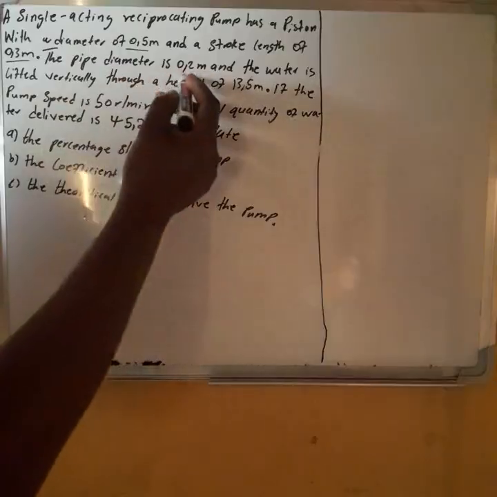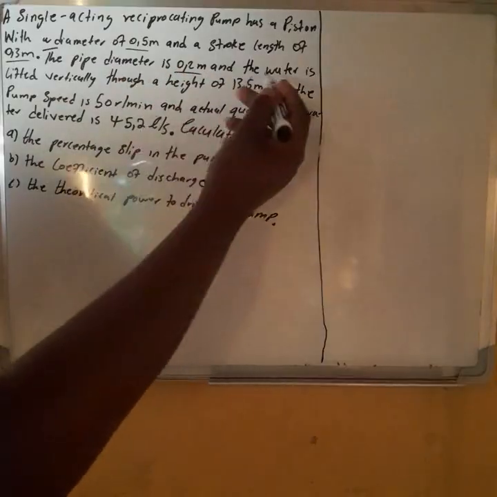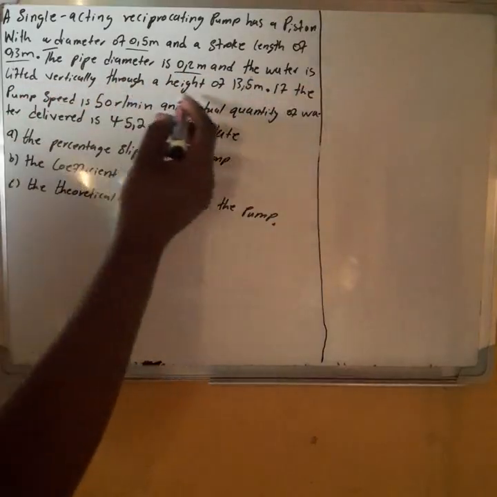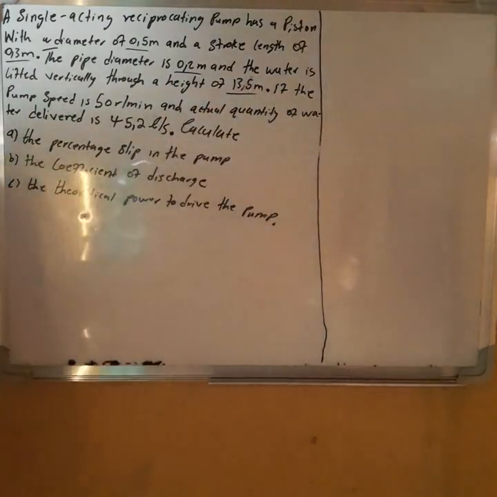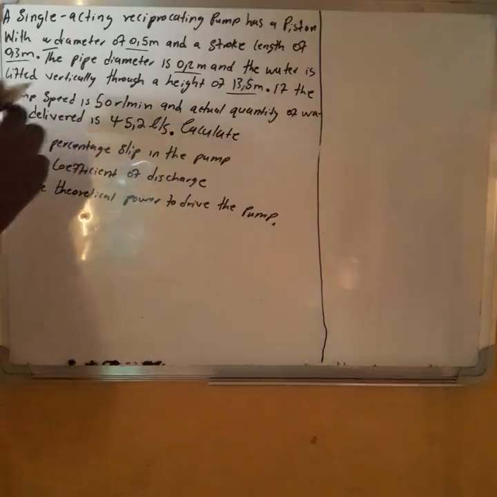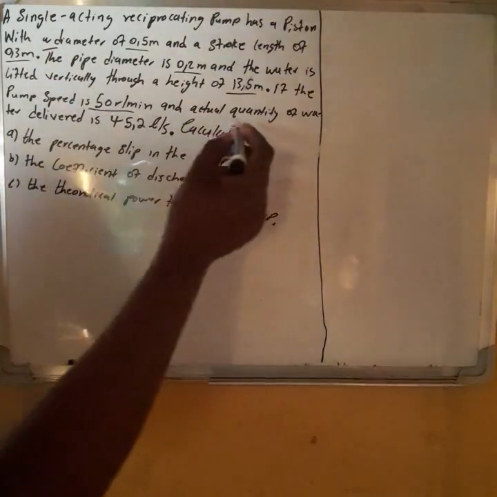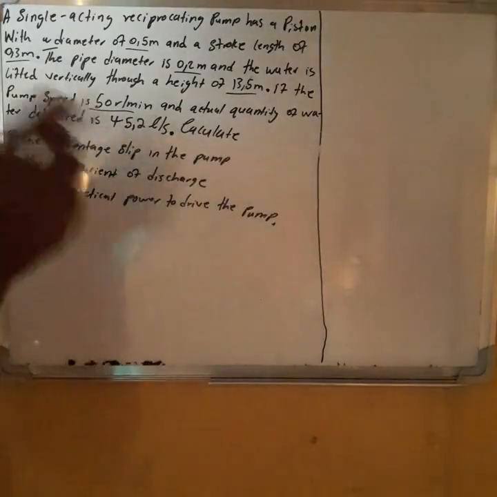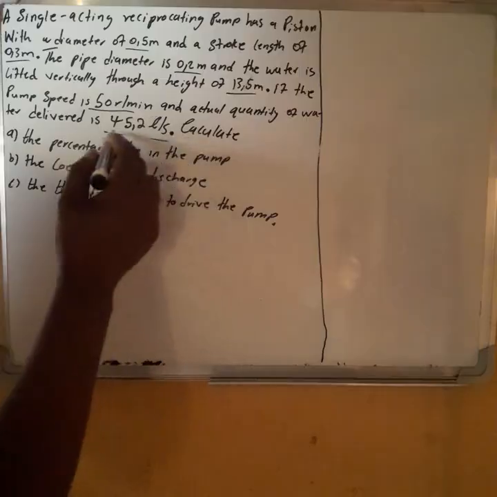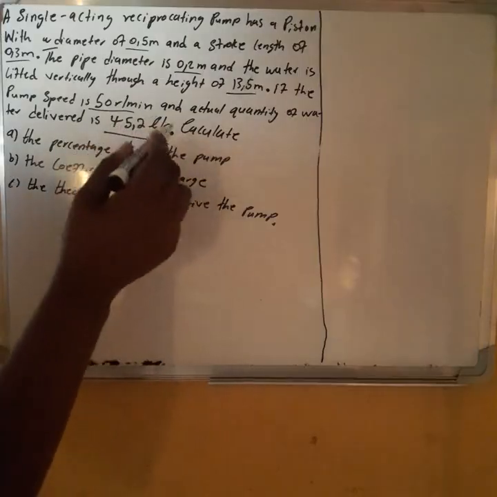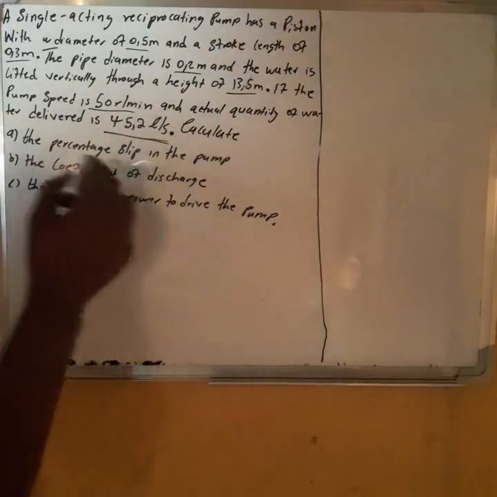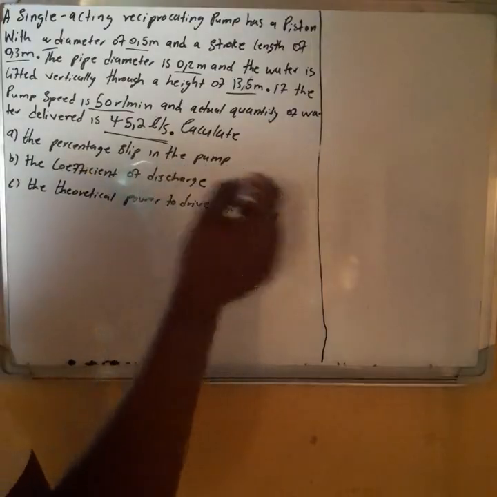The pipe diameter is 0.2, and the water is lifted vertically through a height of 13.5. If the pump speed is 50 revolutions per minute and the actual quantity of water delivered is 45.2 liters per second, calculate the percentage slip.